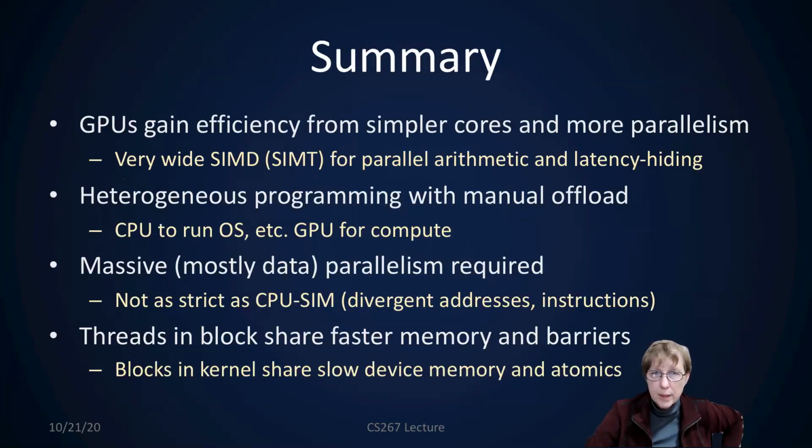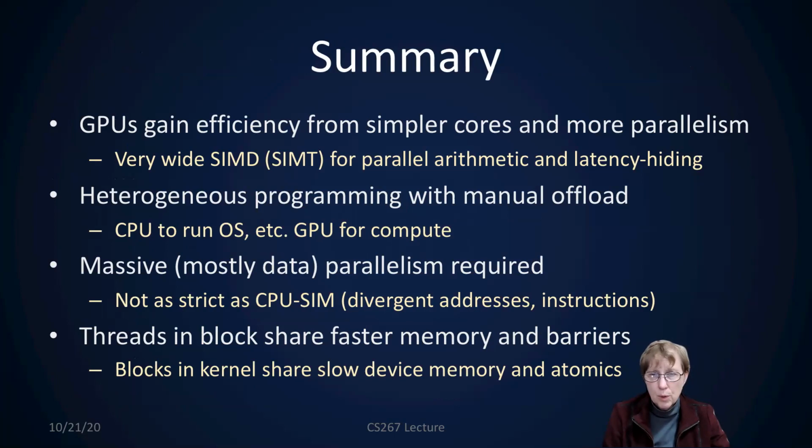So just to summarize, GPUs get their efficiency from having these simpler cores and more parallelism. You can think of it in some ways as very wide SIMD, although they call it SIMT, and it's a little bit different relative to what SIMD instructions look like on modern CPUs, because there's more flexible addressing. They don't all have to just have one address plus an offset. You can do an index thing, which is something the SIMD units are also starting to add.